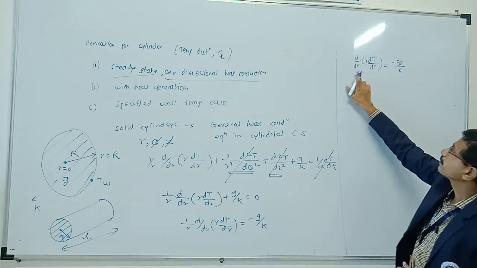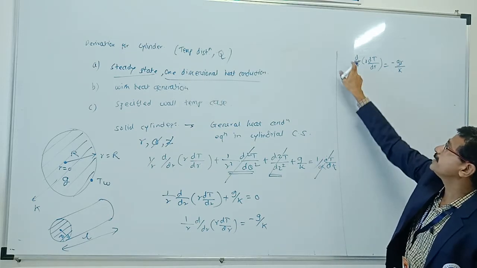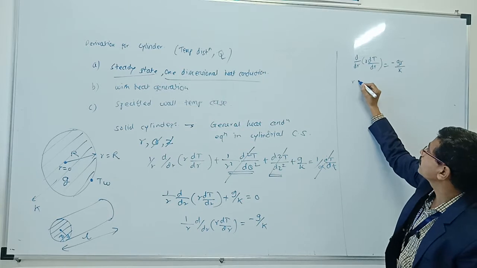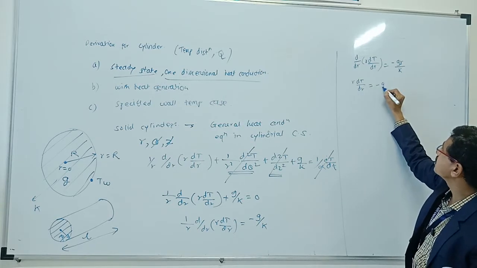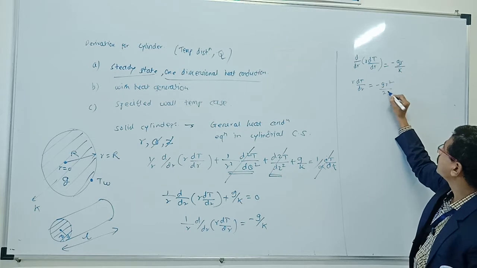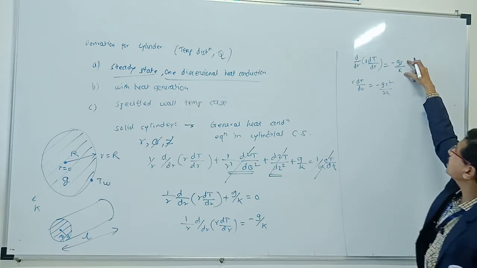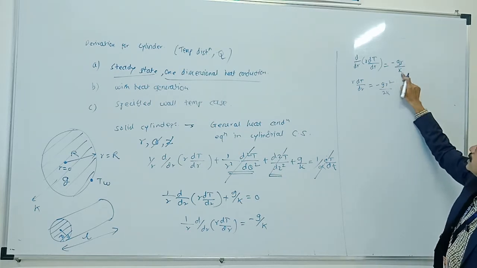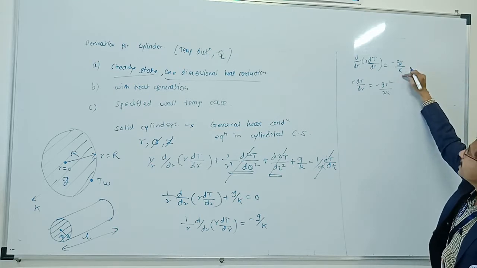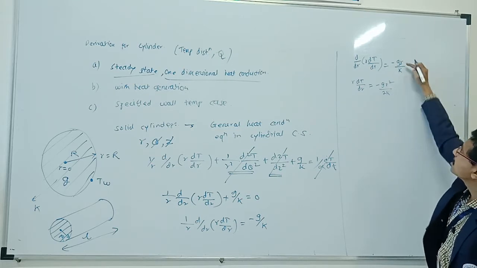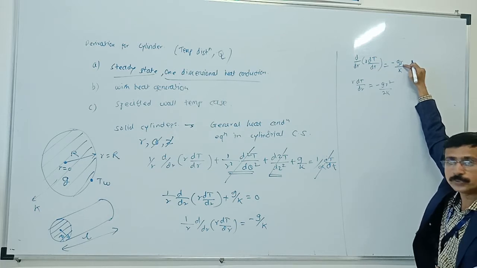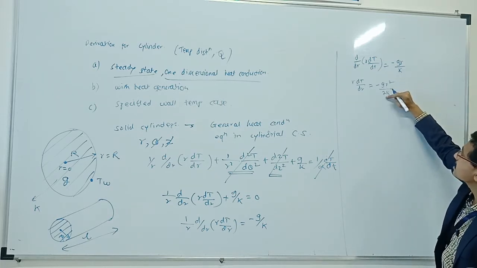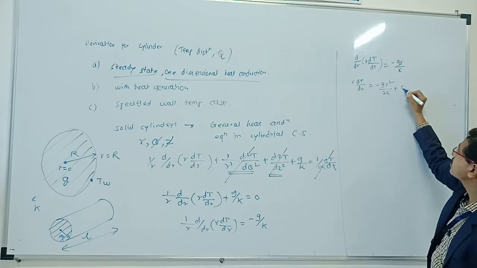In the first integration the d by dr gets cancelled, so r dT by dr is equal to minus g r square upon twice k. The integration of r is r square by 2, and g by k is constant. So it is minus g r square by twice k plus c1.